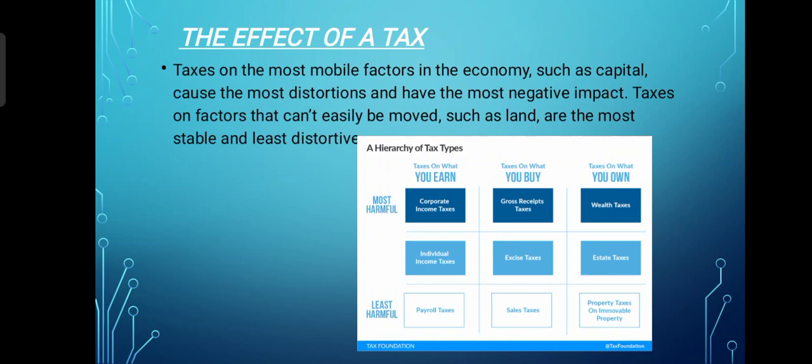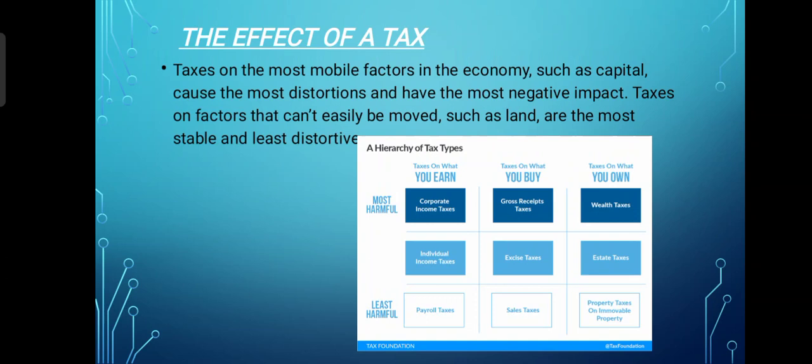Then, sales taxes are imposed on retail sales of goods and services. Ideally, sales taxes are imposed on all final retail sales of goods and services, but not on intermediate business-to-business transactions in the production chain, as in the case of gross receipts taxes.